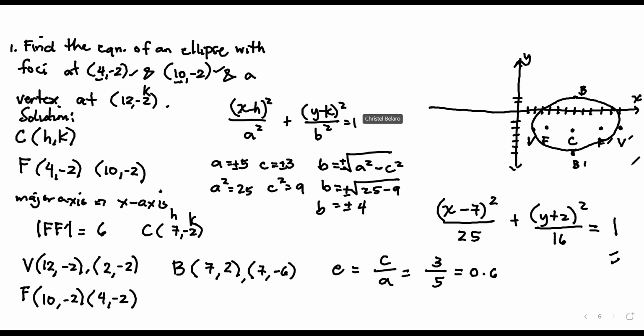So as E increases, the foci separate, each receding from the center, and B decreases. Hence the ellipse, starting as a circle, becomes narrower and narrower. If E is 1, or C equals A, pag equal ang value ni C at A, the eccentricity is equal to 1. Ibig sabihin masyado nang maliit yung ellipse, paliit ng paliit.